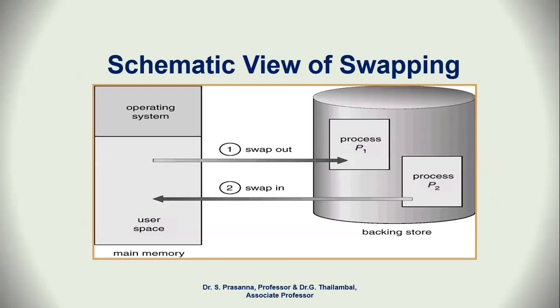And this is the schematic view of swapping. So the main memory is here and a backing store is there. Backing store could be anything, either a pen drive or CD drive, or it could be a mobile phone where you are storing all your processes. So you want to swap the process from the backing store into the main memory.